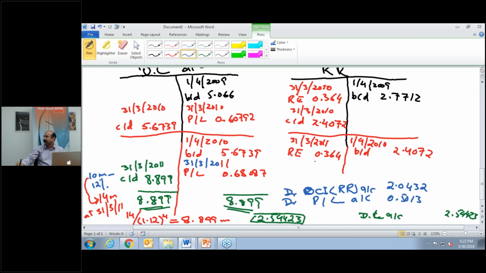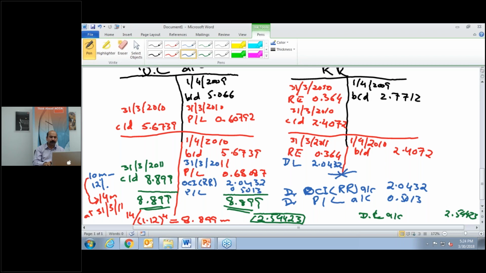So this way, when we record it over here, you can see that revaluation reserve is being debited 2.0432 against decommissioning liability. So this account will become nil. Here, two amounts will appear. Decommissioning liability is being credited 2.0432, 0.5013 against OCI, meaning revaluation reserve, and then profit and loss.